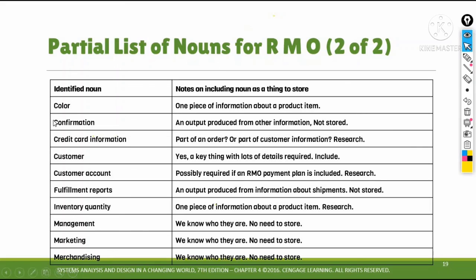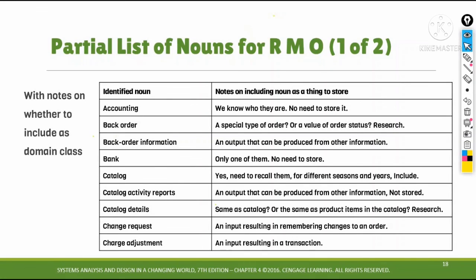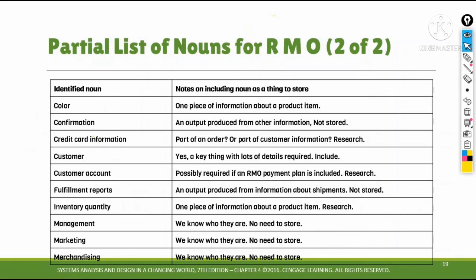This is the continuation of these partial notes of nouns. So much more work is needed to refine the list and define more information about each item in the list.